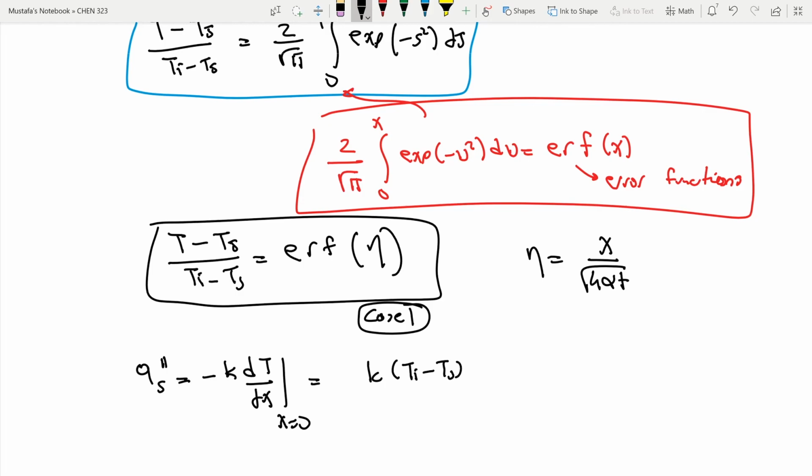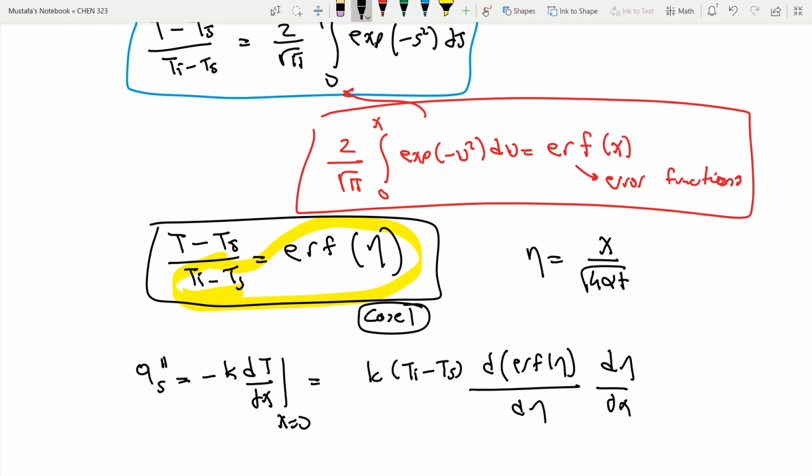I'm substituting T here, so I'm taking dT by dx. The constant Ti minus Ts comes from this denominator. Then I write the term as d error function of eta by d eta, times d eta by dx. So I apply the chain rule to differentiate in terms of eta.